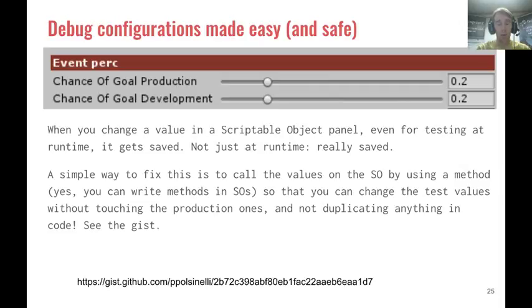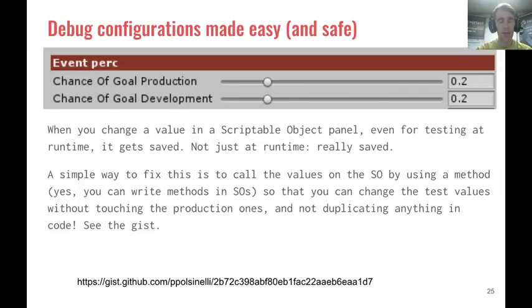And when you're changing those values, the problem is this: when you work in the editor and you change the values for testing, you're actually changing the asset value. So you're losing what you had, your nice production configuration, while you're changing the development, testing one.